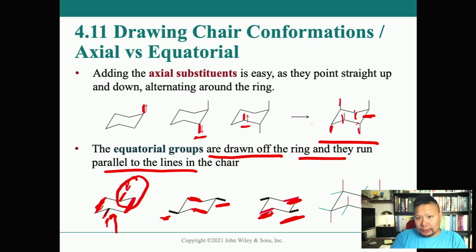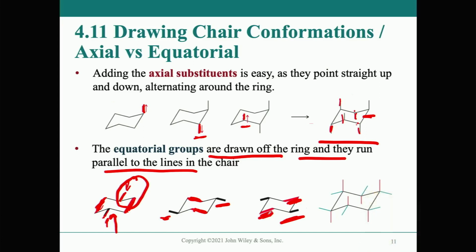Let me do full presentation mode here so you can see the finished drawing. The axial hydrogens are all the ones in red. And then the equatorial hydrogens are the ones I want to point out in arrows. The important thing here is to draw those lines so that they're parallel to their neighboring carbon-carbon bonds.